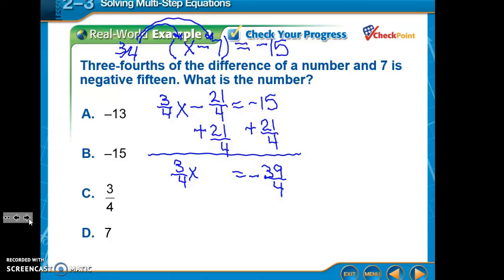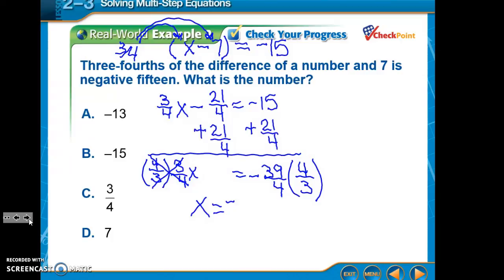All right, so now I have this 3/4 here. How do I get rid of a fraction? What did we do yesterday? Times it by the 4/3. Multiply by the reciprocal. So if I multiply this side by the reciprocal, which makes my fraction go away. All right, so I need to reduce my fractions. What happens to my 4s?